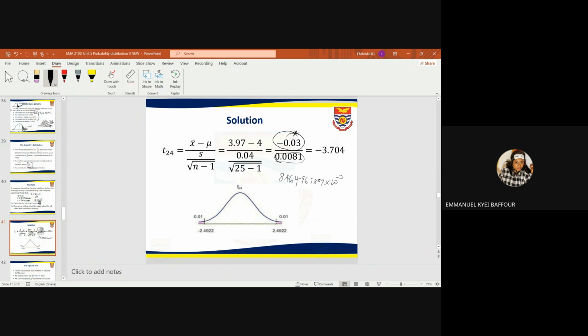So it will be 0.0082. So this should have been 82 instead of 1. Yeah, it should have been 82. So that is where the disparity is coming from.